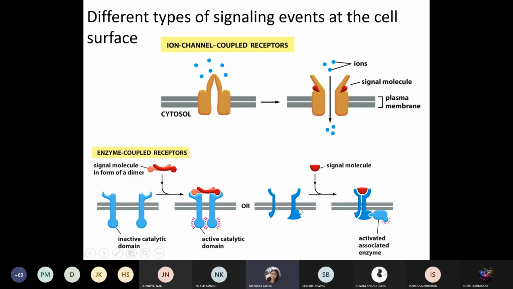They change morphologically, their conformation is changed, and the signaling molecule may enact over these. The third party, the activated associated enzyme, may act over these altered receptors, and they alter function like this.